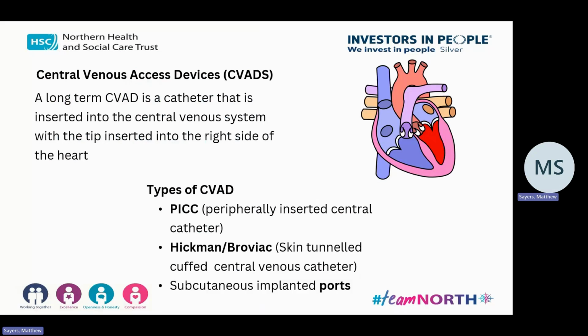But a lot more now are coming out from the Royal with these subcutaneous implanted ports. In fact, I think unless there's a contraindication, the majority of them are coming out with these ports now. And so that's why there's been a big emphasis on understanding and being trained in how to access them.